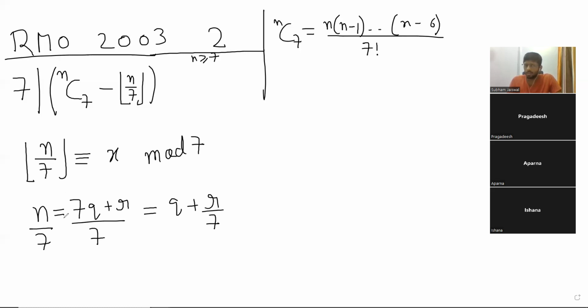This is just the quotient remainder business. What is this? Is it q? An integer.